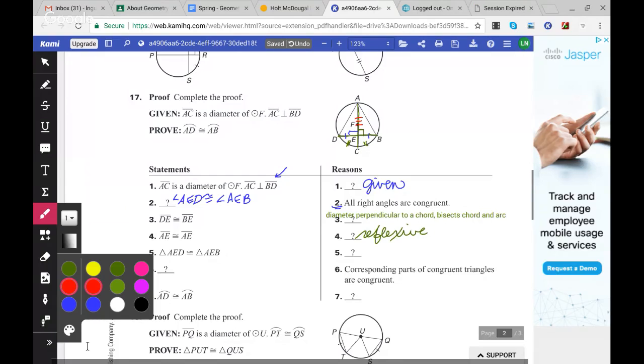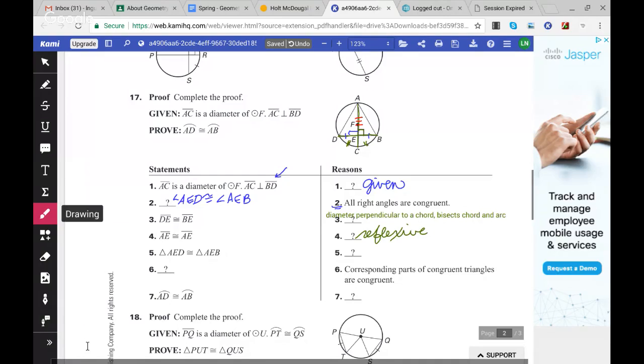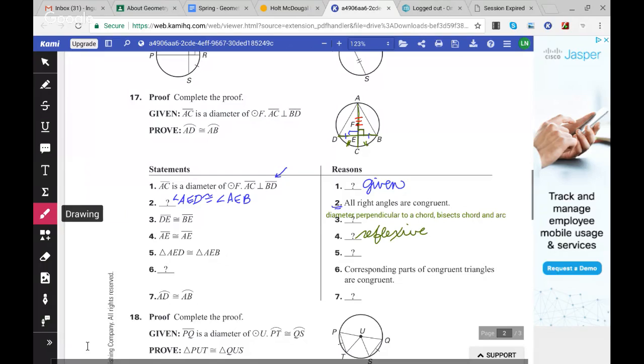All right, so then it says triangle AED, the triangle on the left, is congruent to AEB, the triangle on the right. How do you know those two triangles are congruent? Remember, there are only certain reasons triangles can be congruent, with the A's and the S's and the H and the L, the hypotenuse and leg theorem.